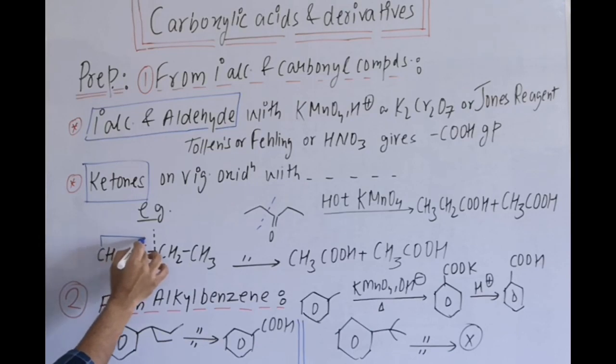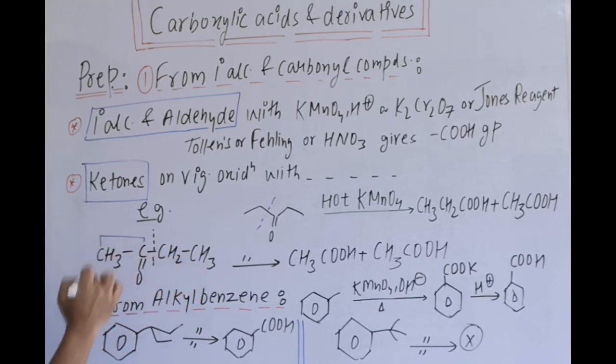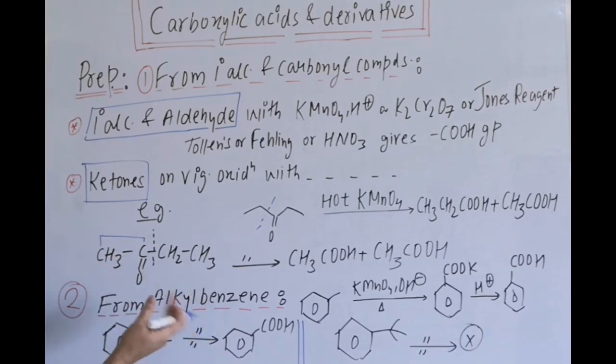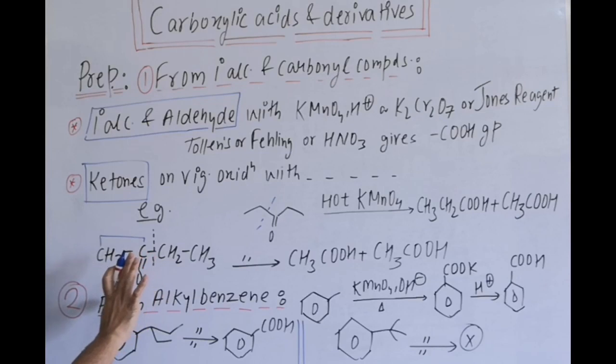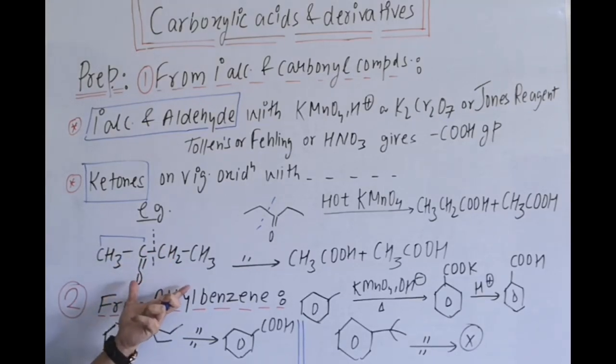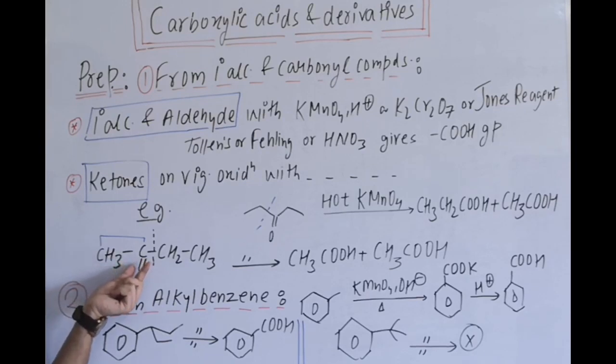This part will give CH3COOH, bond cleaved. This part will also give CH3COOH. The other possibility, that the bond cleaves the other way, is also there, but majorly, if you go by the options, then for an unsymmetrical ketone always consider that the smaller alkyl group retains the C double bond O and then the bond is cleaved. This will give the corresponding acids.